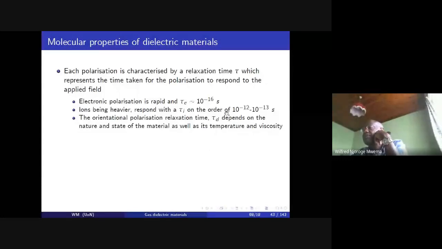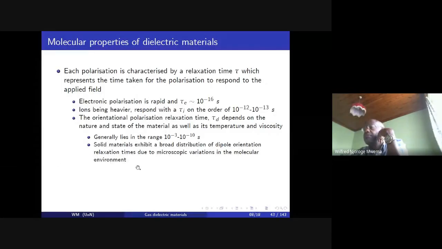Temperature randomizes the alignment of the dipoles with the applied field. Viscosity opposes the alignment, because viscosity is friction. In a liquid or a gas, tau_d will generally lie between 100 picoseconds and about a millisecond.